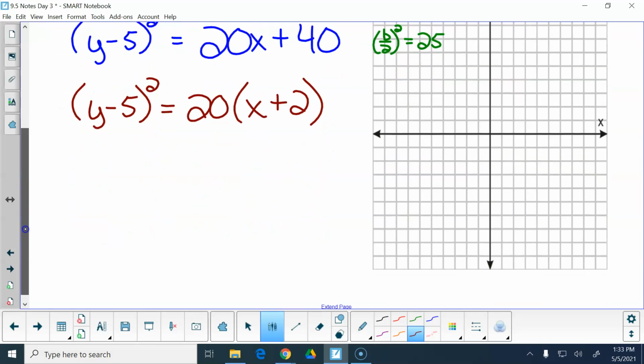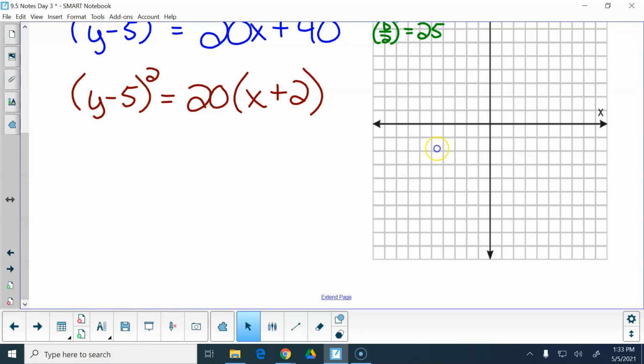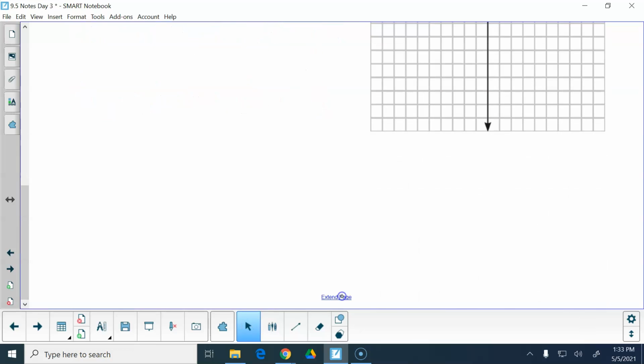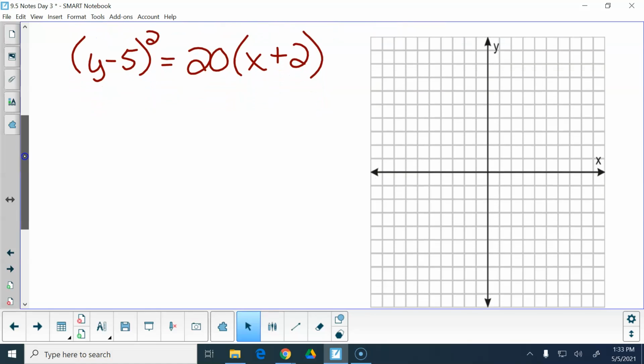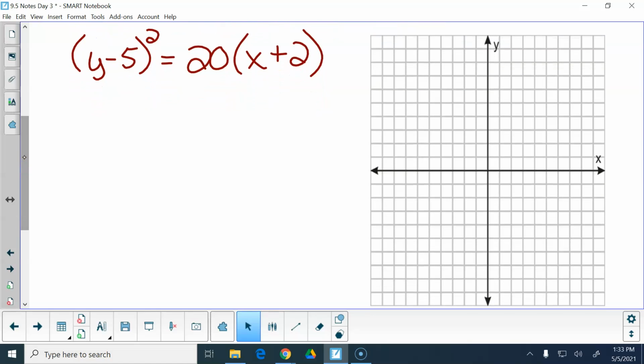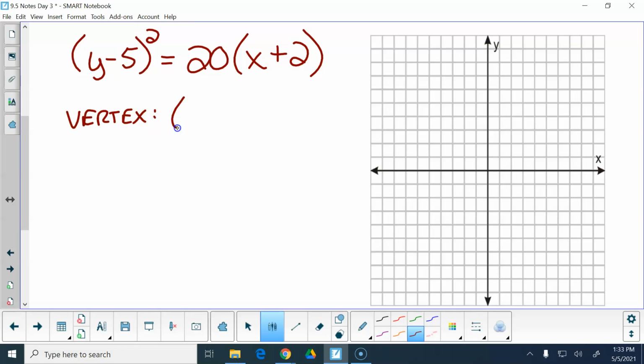You had told me earlier that this was a parabola. So that means that we need a vertex. I get the vertex here is negative 2, comma 5. I get that 4p is equal to 20, so p is equal to 5.